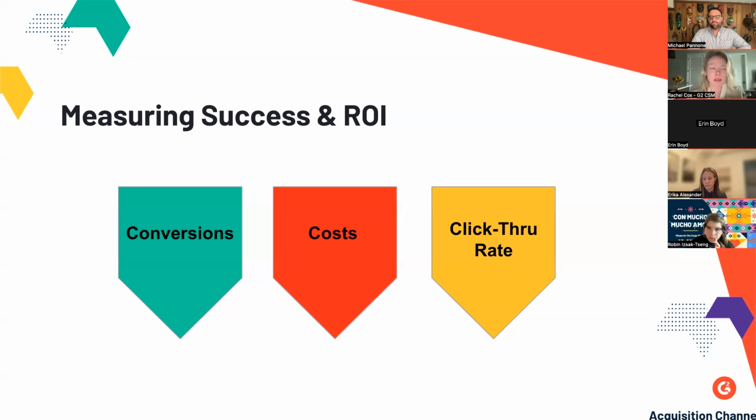So maybe the campaign would be brand awareness, for instance. And I really like how Michael mentioned that it's important to measure behavior in addition to the cost as well. So how much time is being spent on the website? What is the bounce rate? And some of those other key components just outside of the cost.